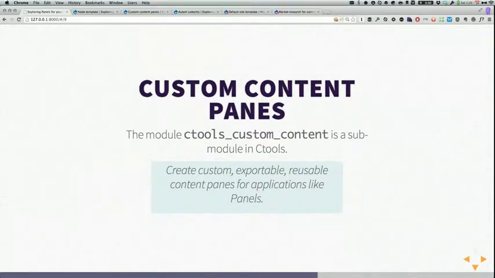A couple of sort of advanced extra pieces that I'll run through real fast. Custom content panes is a sub-module in CTools. It allows you to create custom, exportable, reusable content panes. Why is that great? Well, because it's like a block, but I can export it, and I can put it on a panel display as many times as I want, and in as many places as I want.